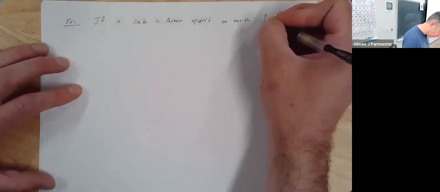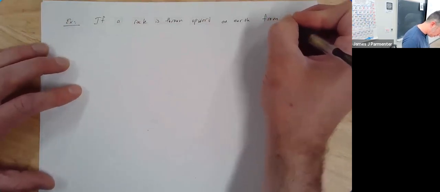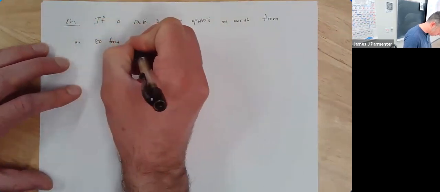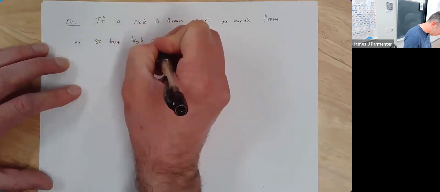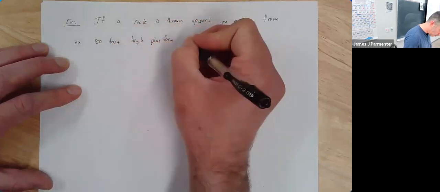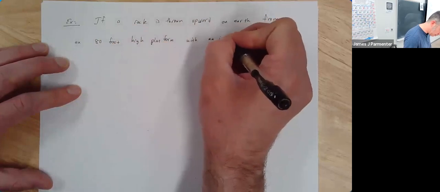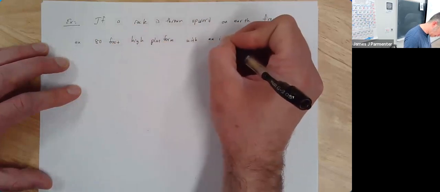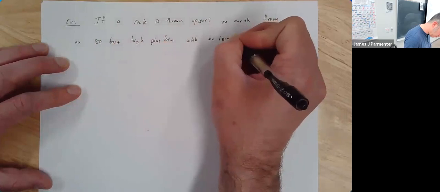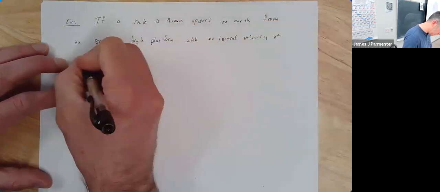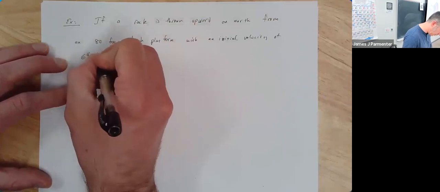Earth here, from an 80-foot high platform, with an initial velocity, I can spell, of 64 feet per second.